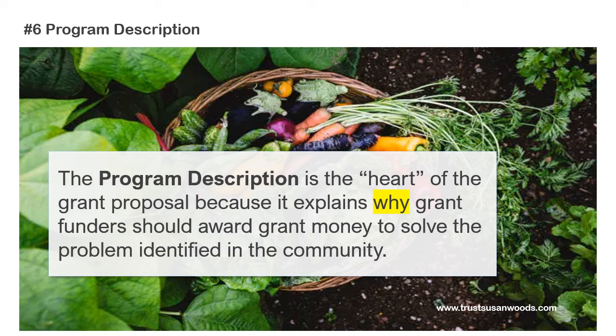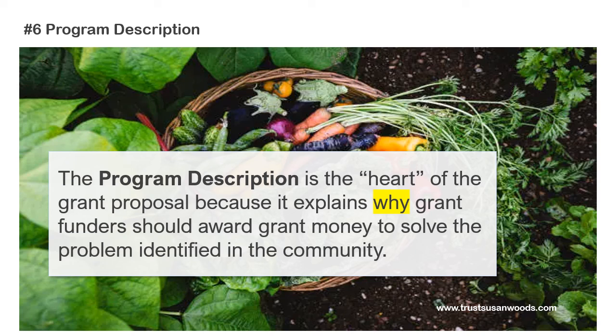We've already identified that there is a problem with the lack of healthy foods in this one community. So the program description would tell the grant funder, the organization with the money, how you plan to solve that problem in detail. You would spell out everything that you're going to do to create this huge community garden.